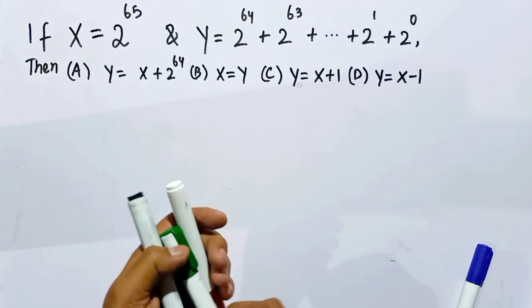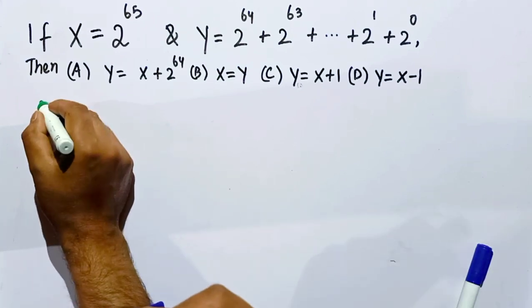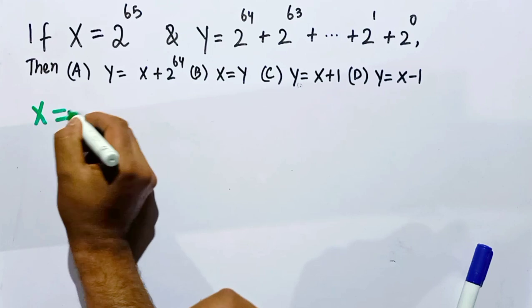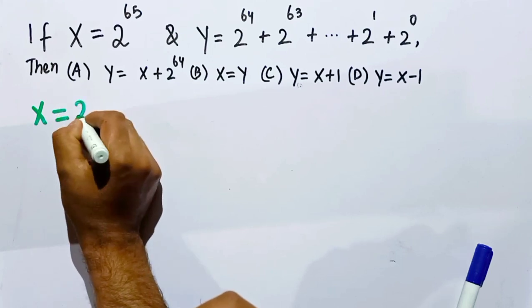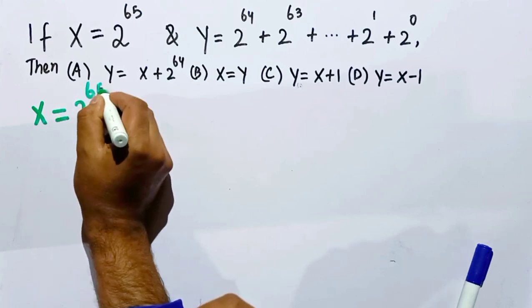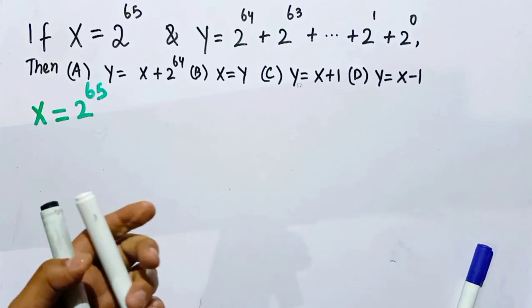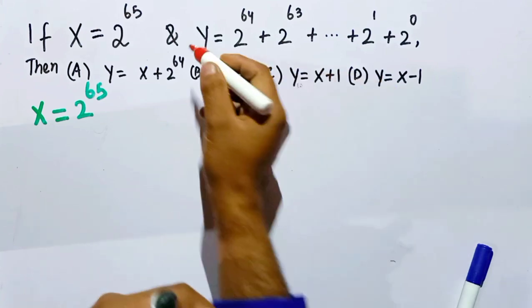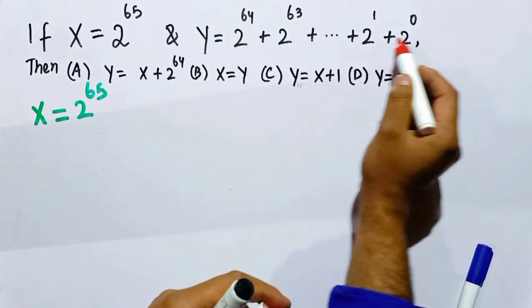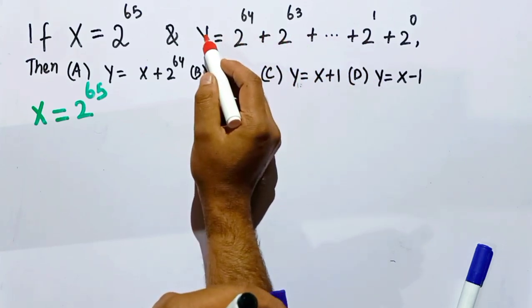Okay, so what are we being given? We are being given x is equal to 2 to the power 65. And what is y? You can see this is a geometric series.